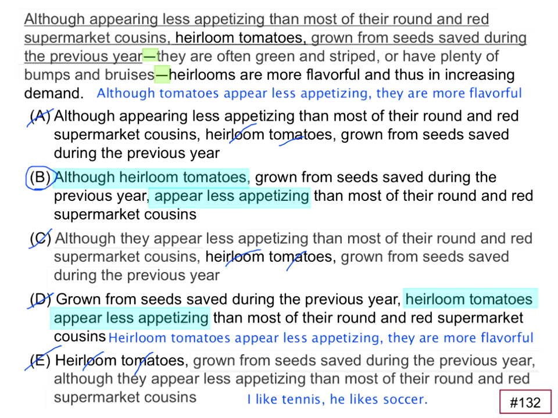And I want to point something out to you on this one. All four of the wrong answers, we could get rid of them because they messed up the fundamental sentence structure. And you'd never make those mistakes if they just gave you the straight-out sentence, right? Would you ever look at a sentence and go, "heirloom tomatoes, heirlooms are more flavorful," and think that was okay?